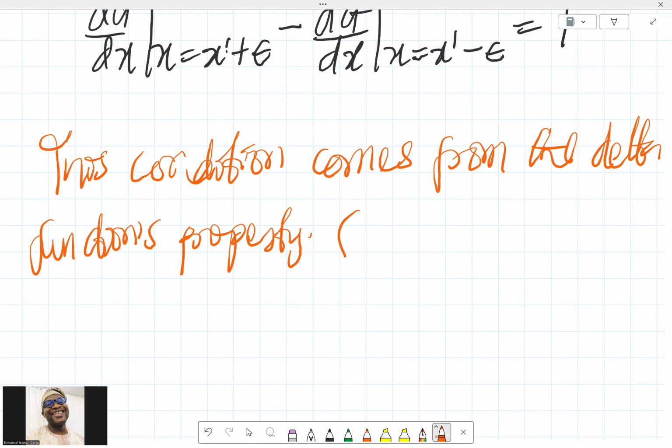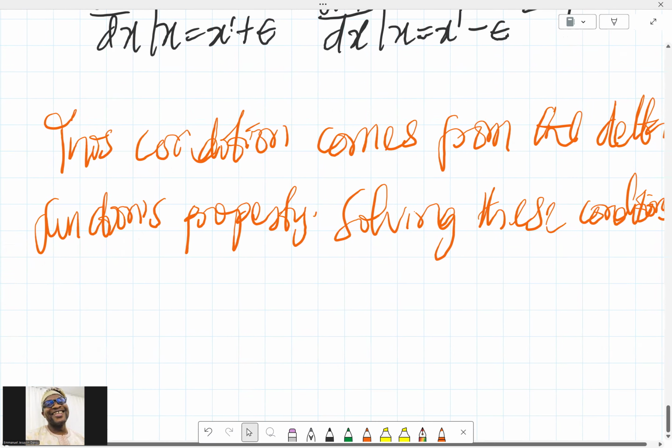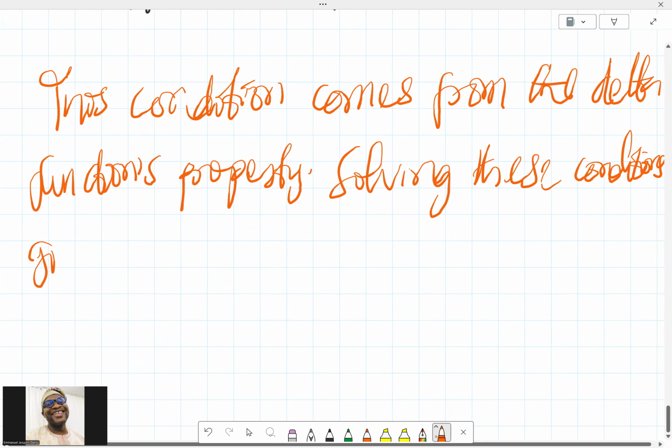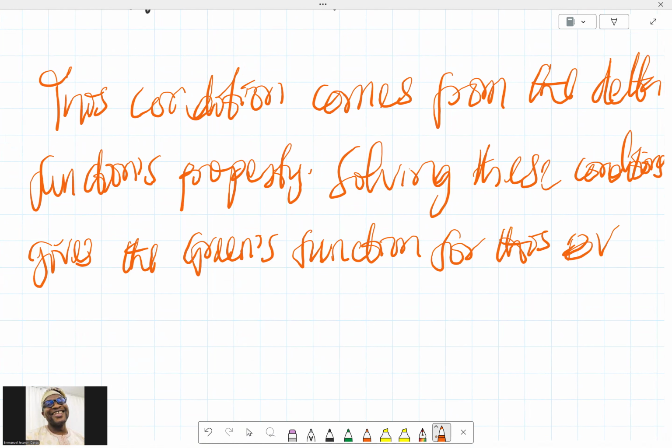So solving these conditions gives the Green's function for this boundary value problem.